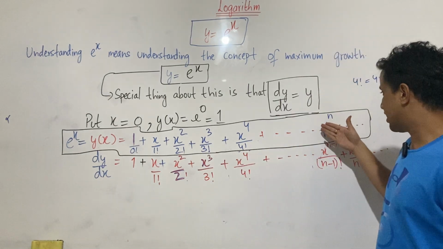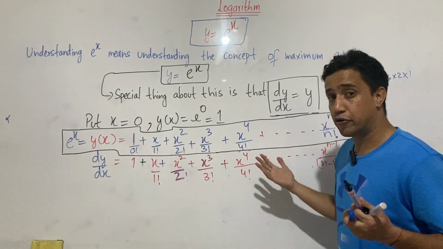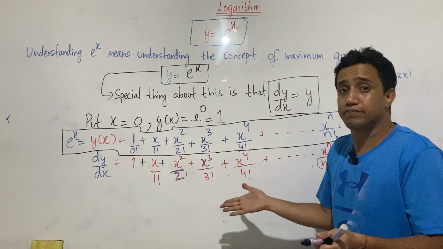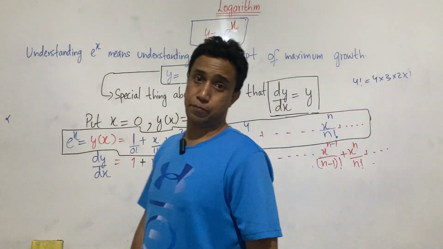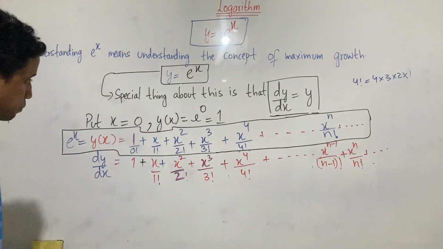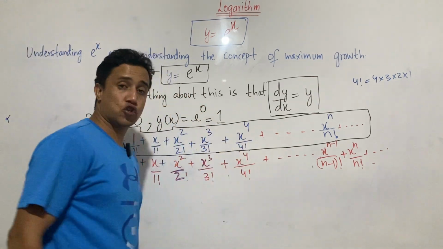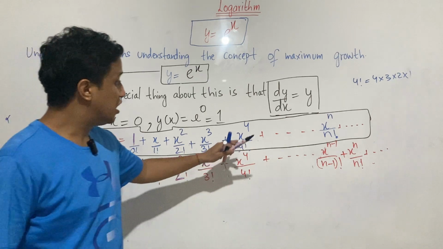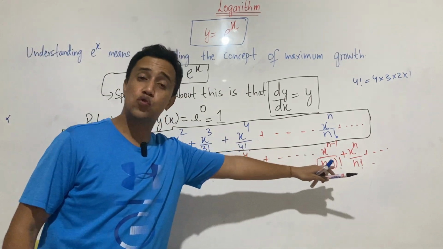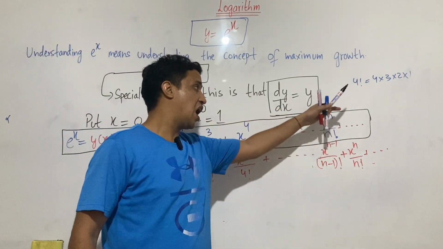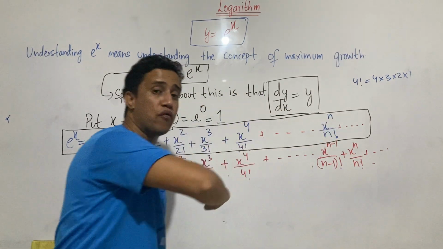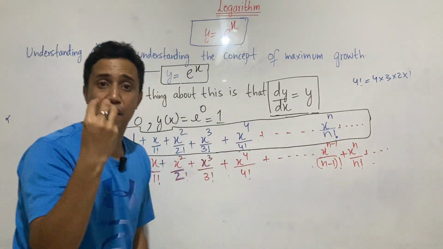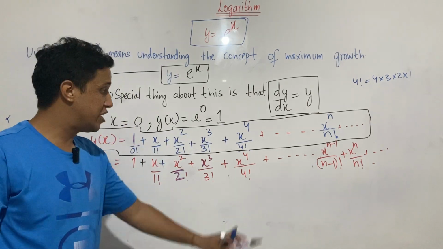So it will nearly approach 0, but the value cannot be 0. Nearly 0, close to 0. These factorials are so big that the overall value is going to be very small. I hope you understand it.